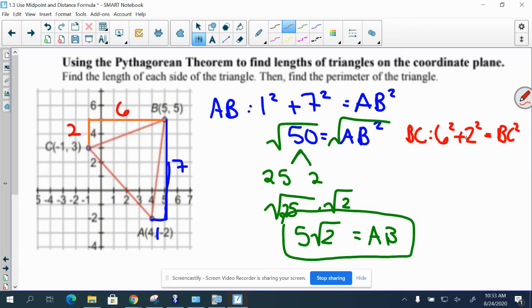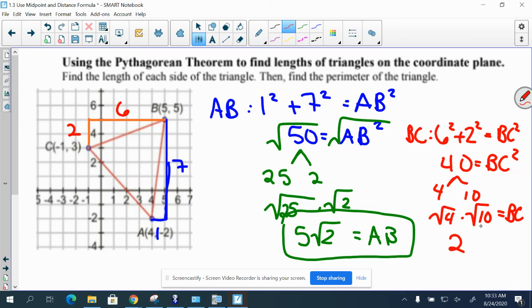Simplify this. 36 plus 4 would be 40. And then the largest factor of 40 that's a perfect square, I'm thinking is going to be 4. So 4 and 10. So the square root of 4 times the square root of 10. When you take the square root of both sides, the square root of 4 becomes 2. The square root of 10 is not a perfect square, so it stays under the radical. 2 square root of 10 equals BC.